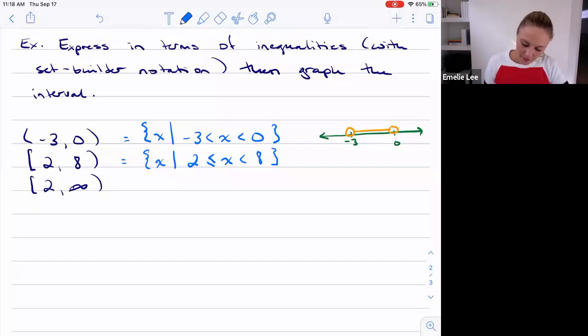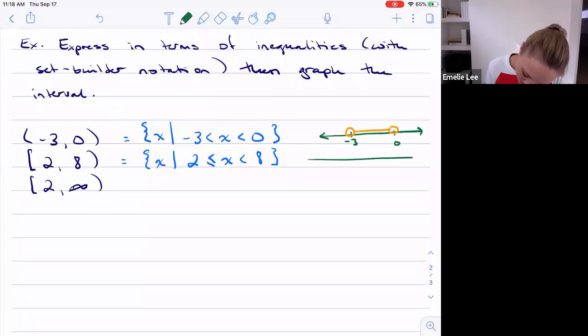How you would read this is not that natural. It would be 2 has to be less than or equal to x, which has to be less than 8. You would probably want to talk about x being greater than or equal to 2, and x has to be less than 8, and that's fine, just as long as you keep track of how you're reading it, but this is probably the easiest way to do all these inequalities.